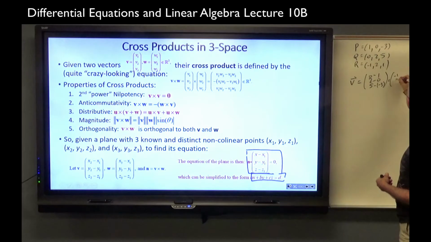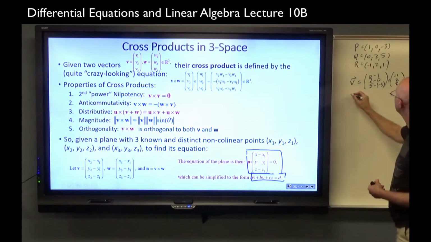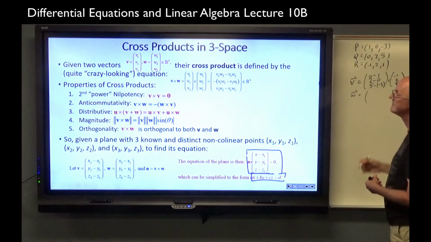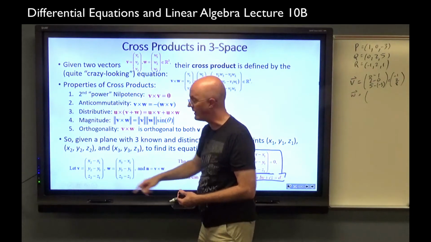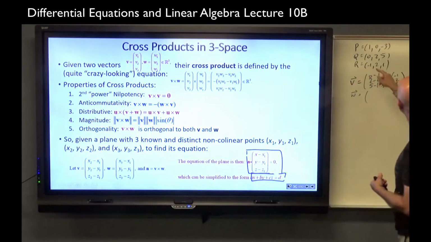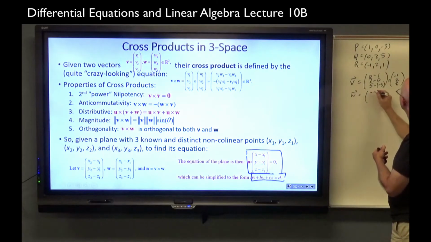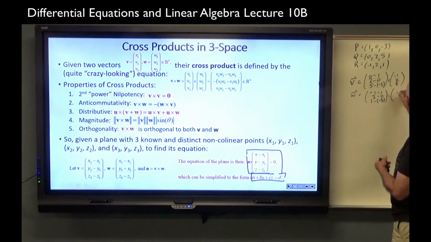That'll be (-1, 2, 8). Let W be a similar kind of thing, except we'll use the third point's coordinates: -1 minus 1, 2 minus 0, and 1 minus -3. Simplifies to (-2, 2, 4).